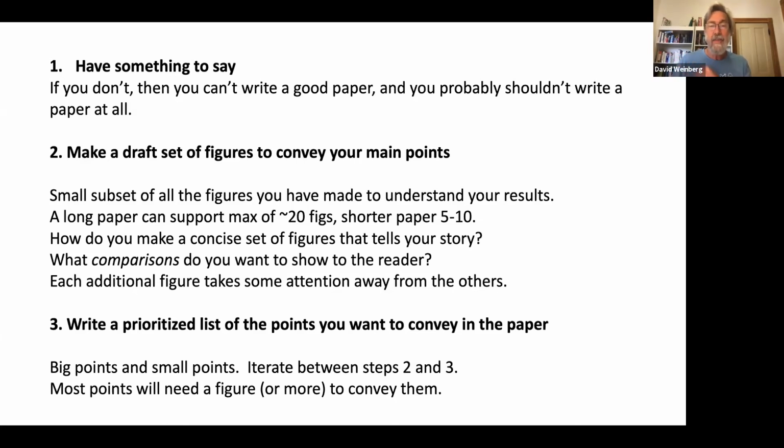So then there's an iteration between steps 2 and 3, because your figures are there to convey your main points. So making the figures will help you understand what those points are, but also then you find things on your list that aren't represented in a figure.